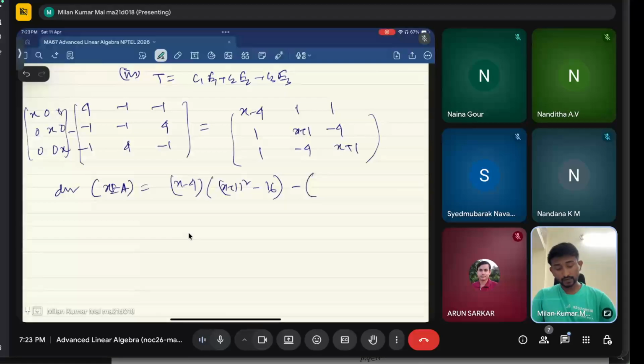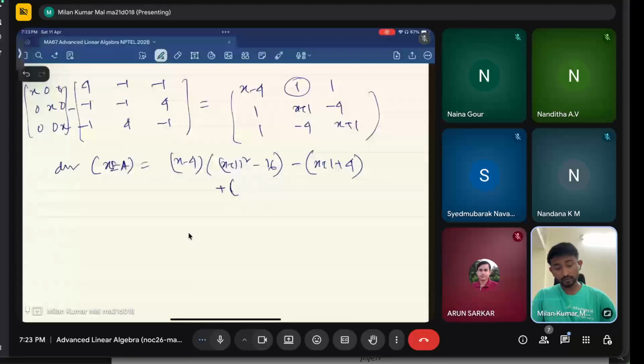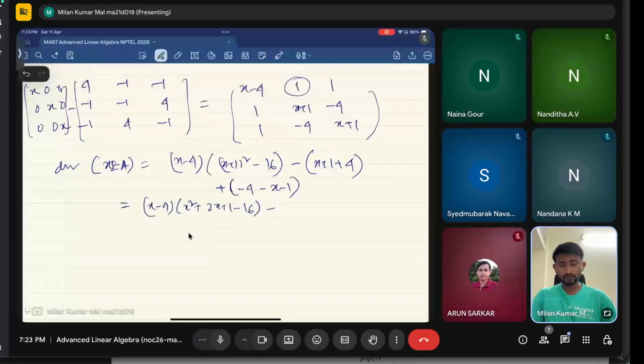So this will be x minus 4 times (x squared plus 2x plus 1 minus 16), minus x plus 5, so this will be x plus 5. This is going to be x minus 4 times (x squared plus 2x minus 15).